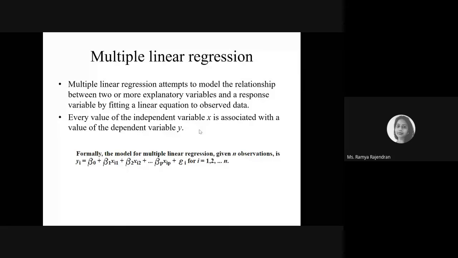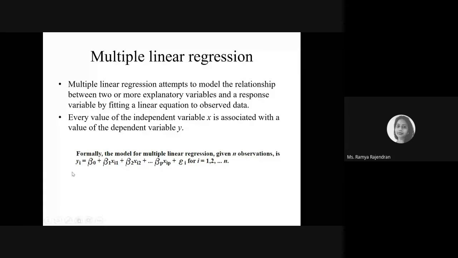So the equation for multiple linear regression is given by y equal to beta naught plus beta 1 x1 plus beta 2 x2 until beta p xp plus error.